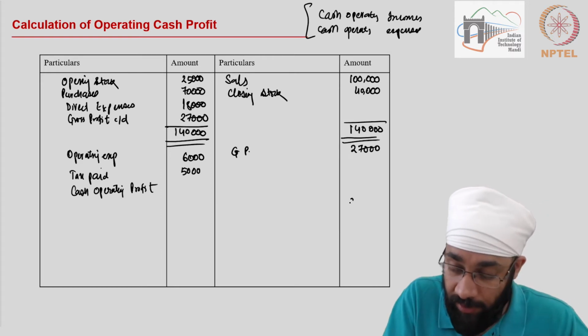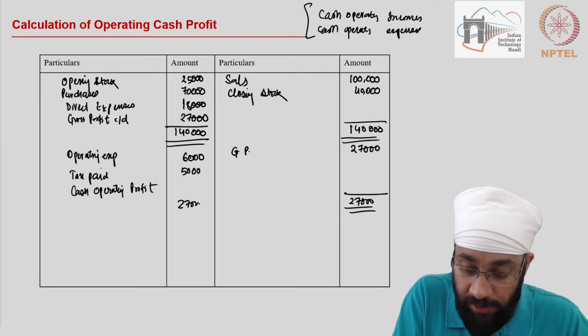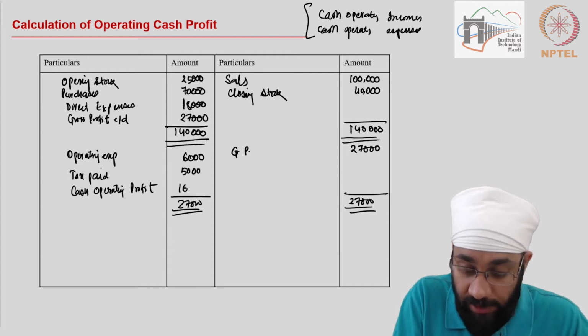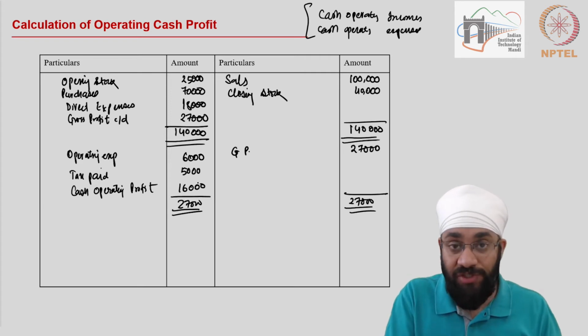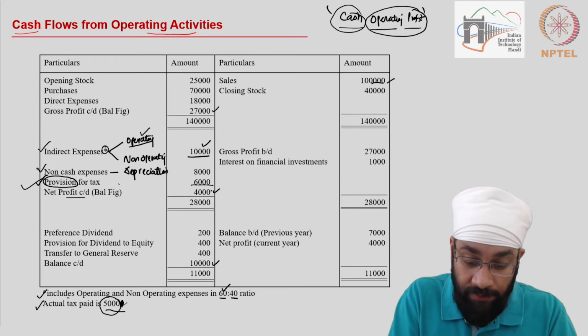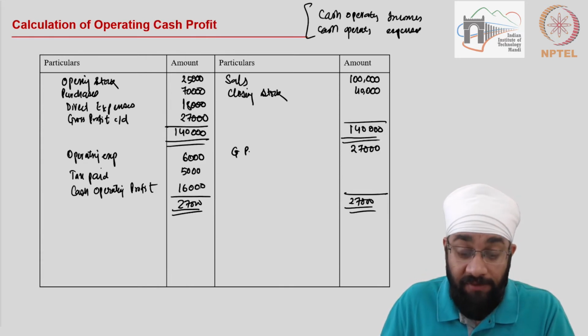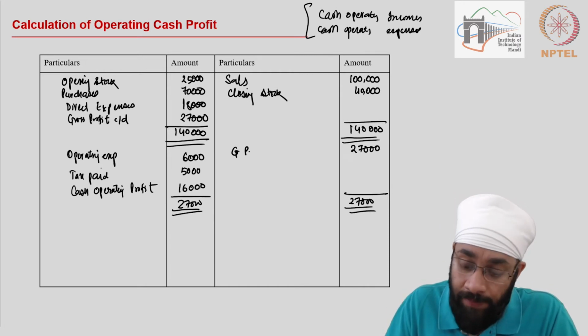Cash operating profit 27,000 and 27,000, and this balance comes out to be 16,000. So 16,000 is the actual cash operating profit. On the other hand, we had 4,000 which was shown as the net profit earlier, and we have 16,000 as the cash operating profit here.